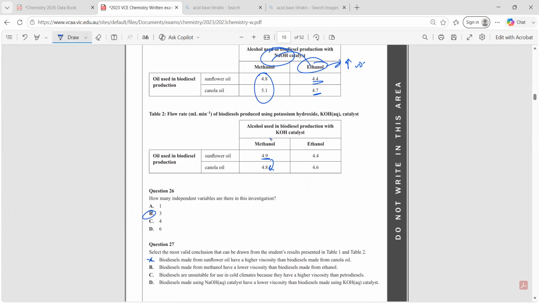So does it consistently have a higher flow rate? Yes, yes, yes, yes. So that's pretty good. Biodiesels, so that is generally true. However, we can't make that conclusion from these results. Biodiesels made using sodium hydroxide catalysts have a lower viscosity.